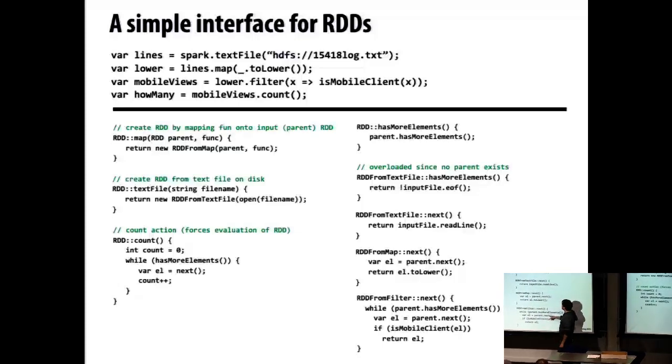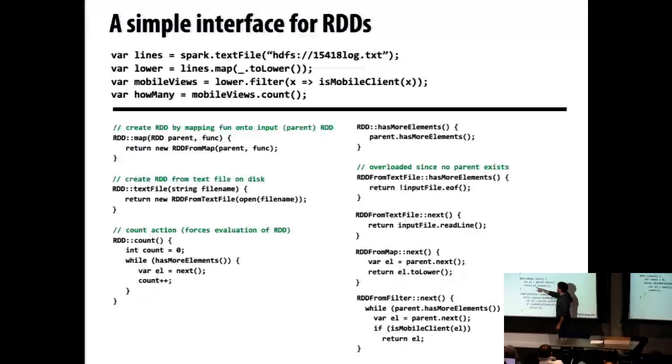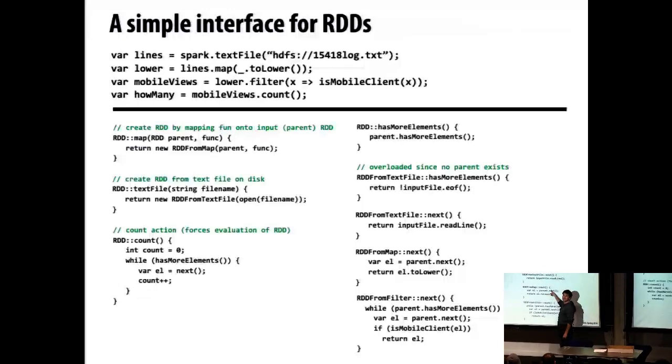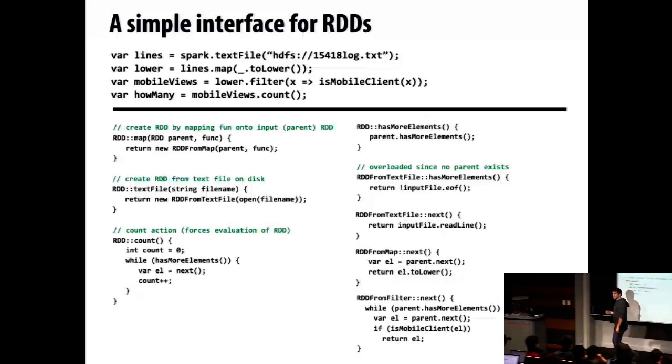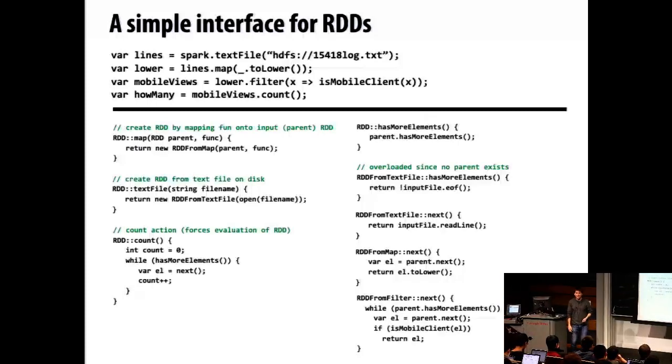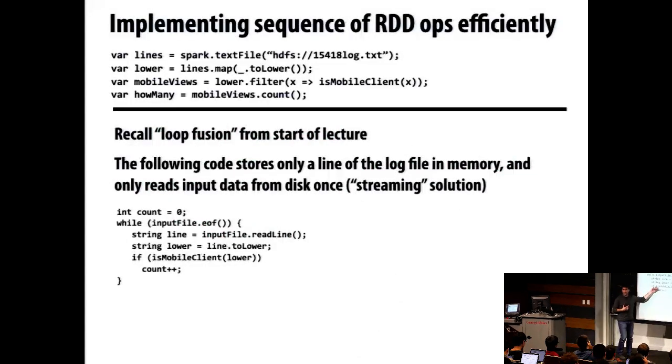And this next would end up calling map's next, which would apply toLower to whatever the next thing produced. And this guy would come from the text file, which would read the line from the file. So you can see how I've now created an API with just two iterators, next and has more elements, that actually would give me the exact same data flow as the thing that I decided to hard code.